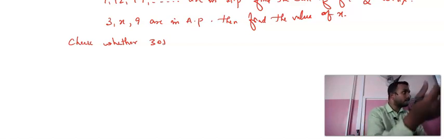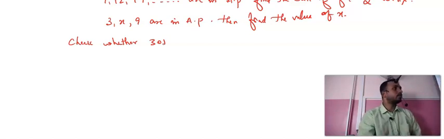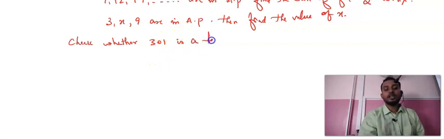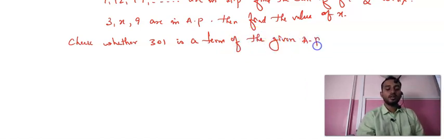Use different conditions and solve the problem. Practice it. Check whether 301 is a term of the given AP 5, 11, 17, 23 and so on.